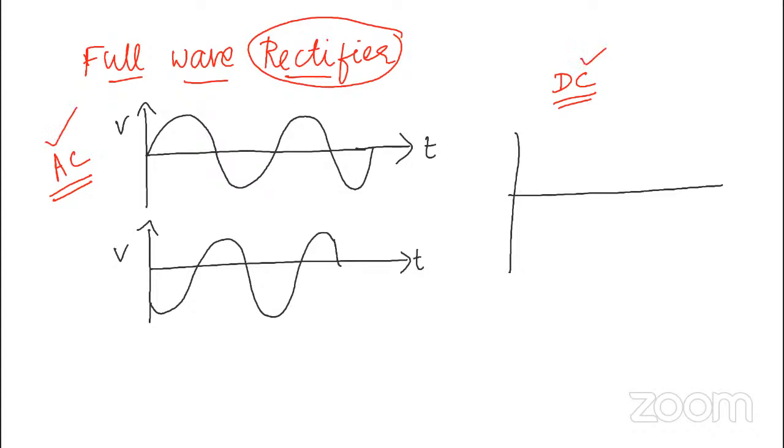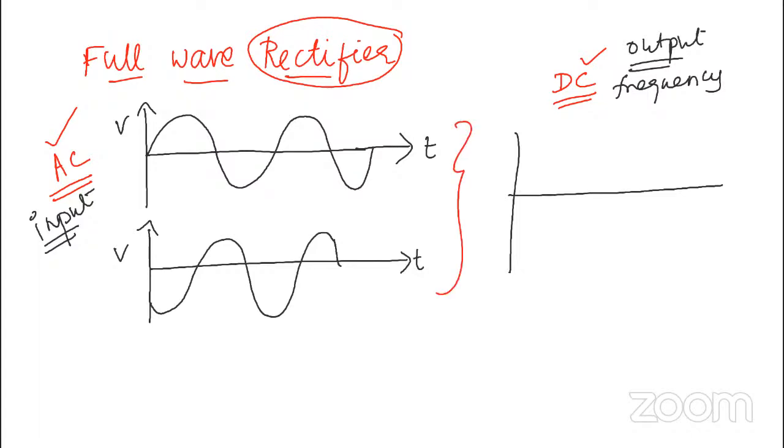So if we send AC frequency at the input, we get DC frequency at the output. Right? Okay. So here, for both of the inputs, what will be the frequency value?